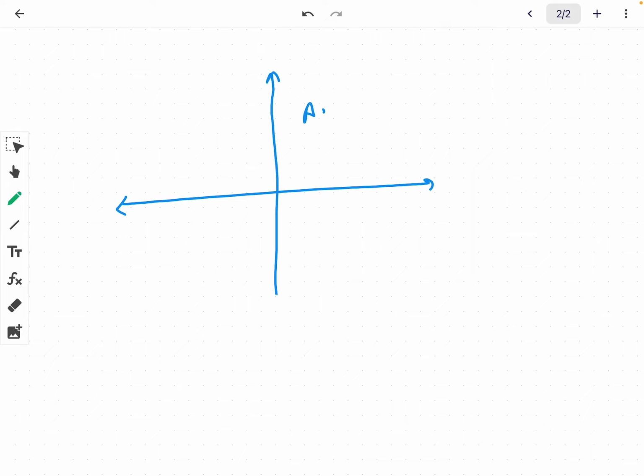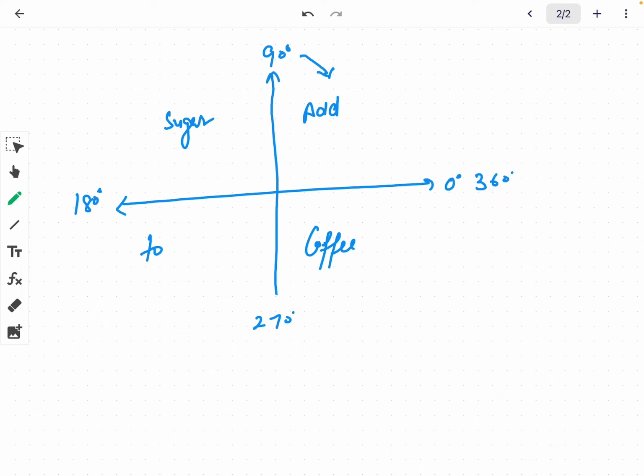If you remember, add sugar to coffee: 0 degree, 90 degree, 180 degree, 270 degree and 360 degree. So 90 minus theta will come in the first one, less than 90, where all functions are positive.